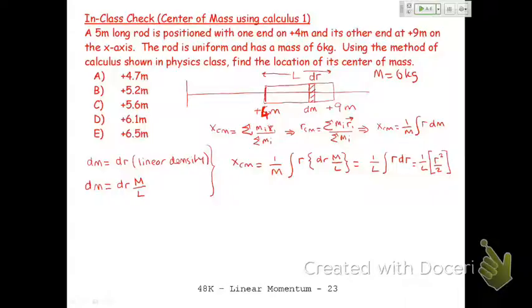Then I substitute that in, so my centre of mass is equal to 1 over m integral of r, and rather than dm I put dr m over l. Let's take out all the constant things: my m cancels with the m underneath, and my l comes out, so it's 1 over l times the integral of r dr, and I know how to do that integral. It's going to be 1 over l, r squared over 2, because you increase the power by 1 and put it in the denominator.